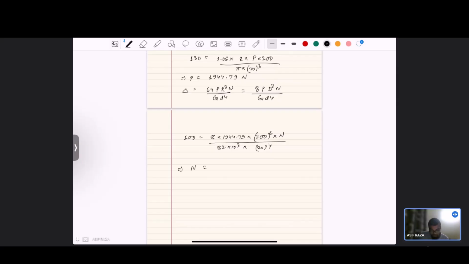So this will get N as 100 into 20 to the power 4.